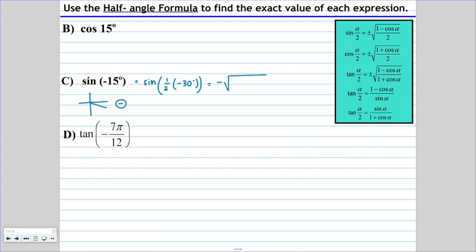We know it's negative because it's in the fourth quadrant. Negative square root of 1 minus the cosine of negative 30 degrees over 2. And we're just going to simplify. Negative square root of 1/2 times 1 minus root 3 over 2. Final answer there. Box it, we move on.